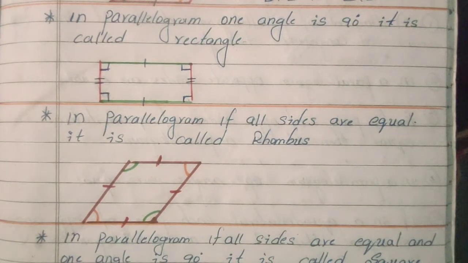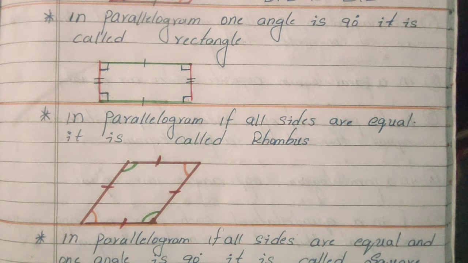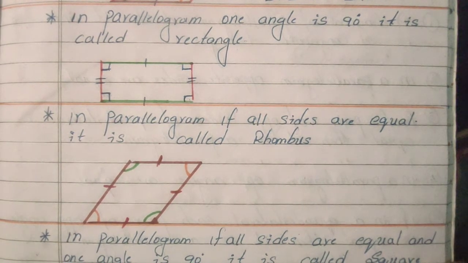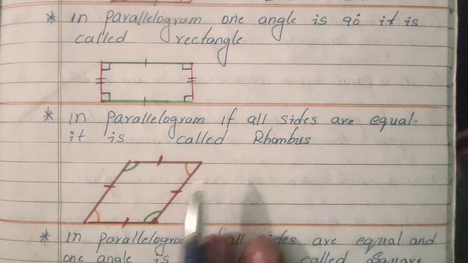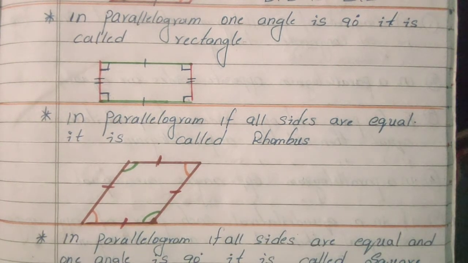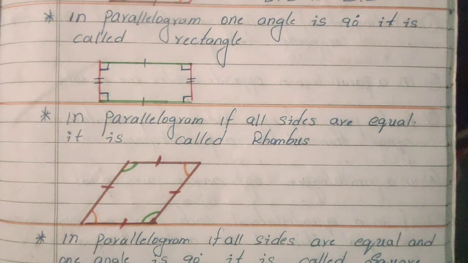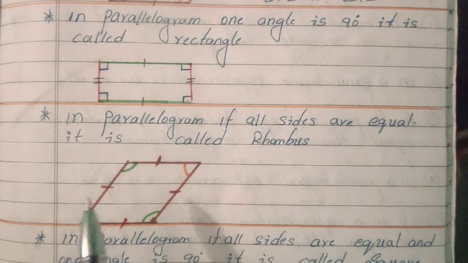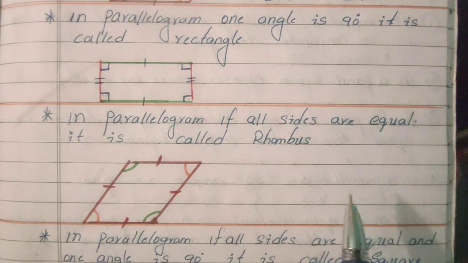Next, rhombus. Most of the students have doubt about square and rhombus. Listen, if I ask what is a rhombus, they will say a diamond shape is nothing but a rhombus. No. Understand the exact property and definition.